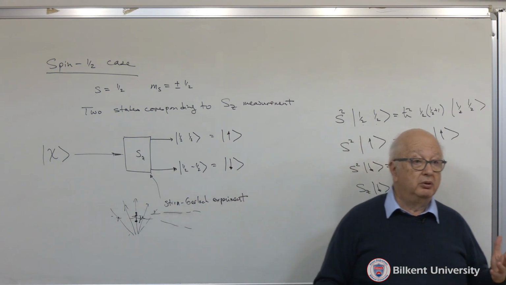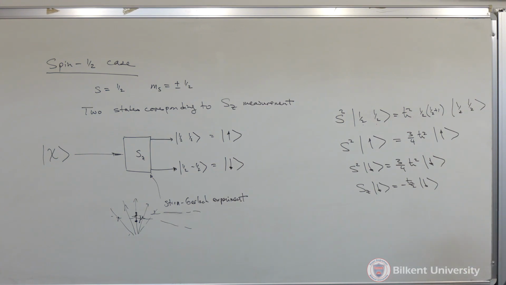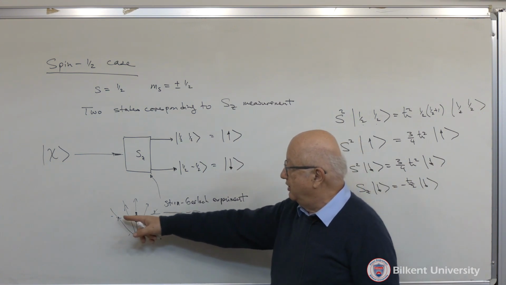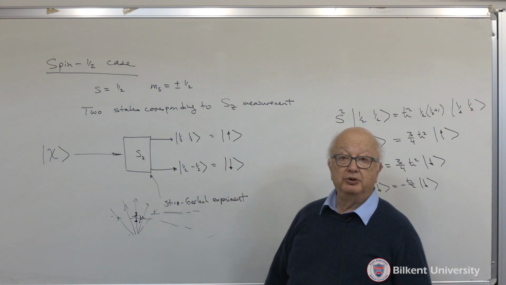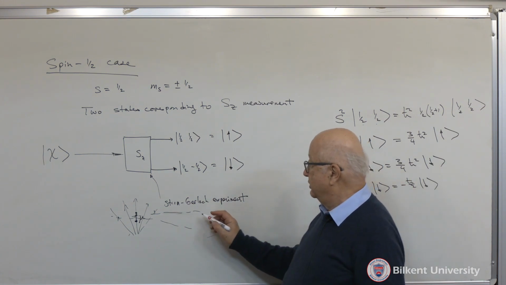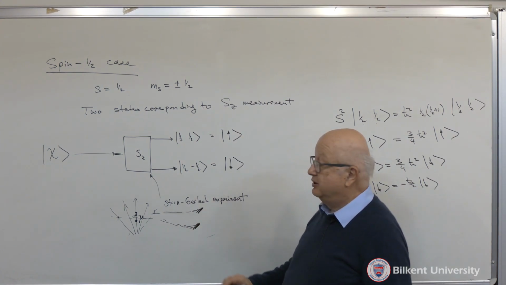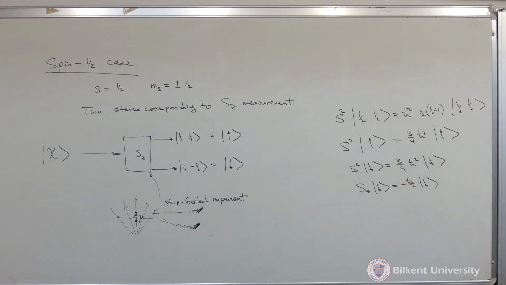So you have the electron beam coming in, and you have a deflection in the path of the particle proportional to its magnetic moment. It was quite exciting to find out in the initial experiments that there are only 2 possible values for the magnetic moment or the spin.